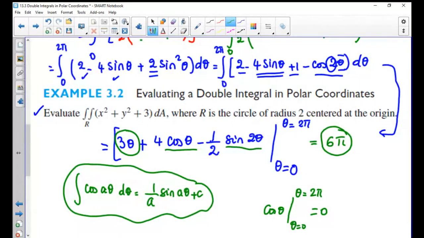Same thing with sine 2 theta. At 0 and 2 pi, they're exactly the same value. So because there is a minus there, it will also be 0. So the only function which will not be 0 is the 3 theta. When theta is 2 pi, 6 pi. When theta is 0, 0. So in the end, the final answer of this integral is just 6 pi.